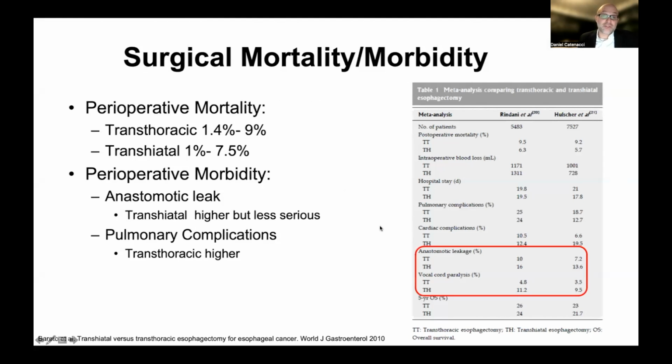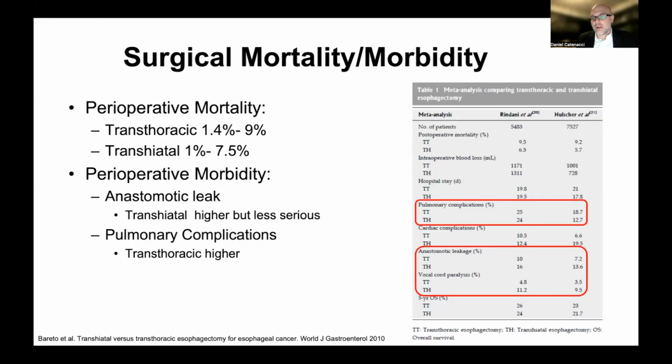I mentioned, though, that transhiatal may have a higher rate of anastomotic leak, and you can see that here, that the rates are slightly higher compared to transthoracic, but they're not as serious when they do happen, because they're right in the neck and easily accessible and can be managed pretty non-invasively. On the other hand, we mentioned that transthoracic may have higher pulmonary complications, as you can see here in these studies, because you're entering the thoracic cavity, and so recovering after that can be more challenging.